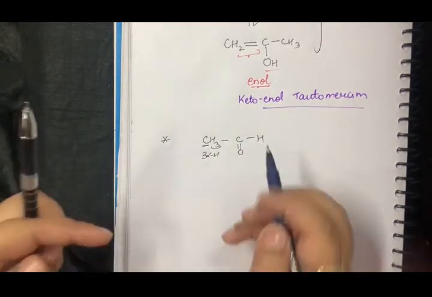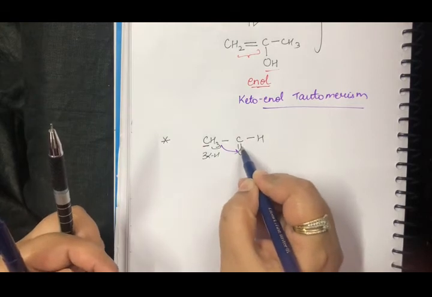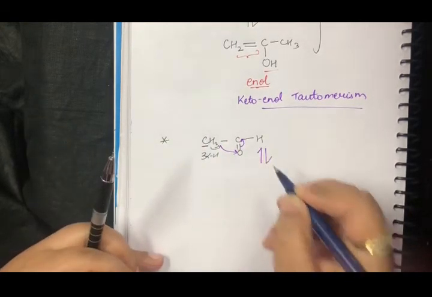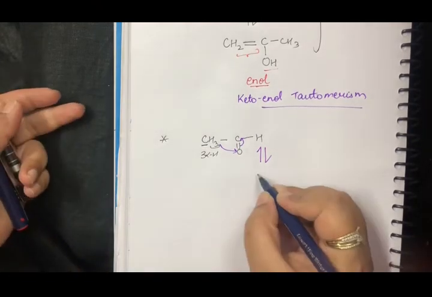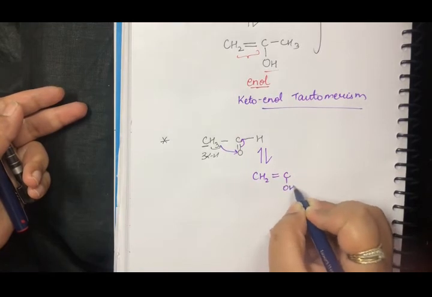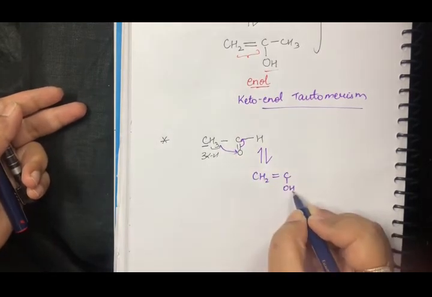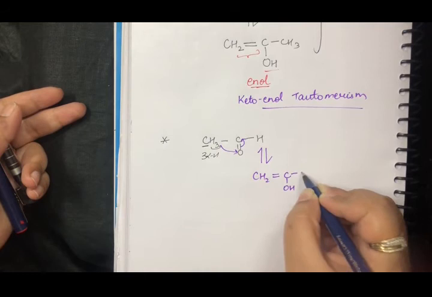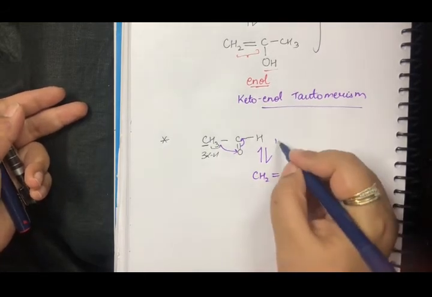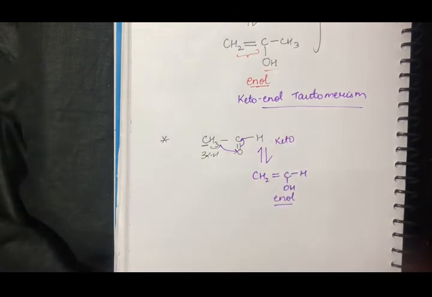Now what will happen again? One of the hydrogens will shift here and one of the double bonds will go back to this carbon. So a dynamic equilibrium is established. This would be CH2 double bond C, the hydrogen from here has come down to the electronegative atom, which will be OH, and this will be H. Again, this is my enol structure and this was my keto structure. So this is keto-enol tautomerism.